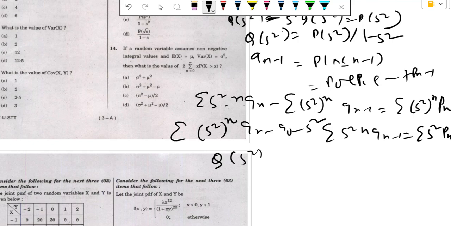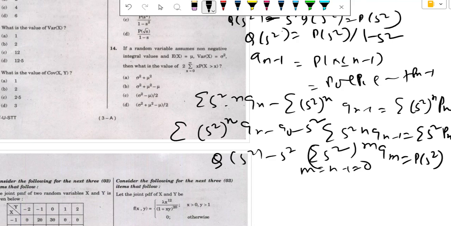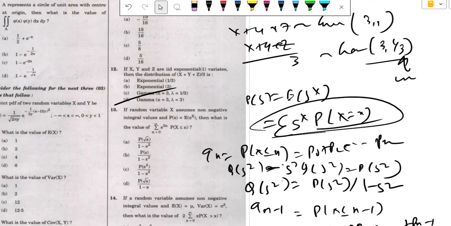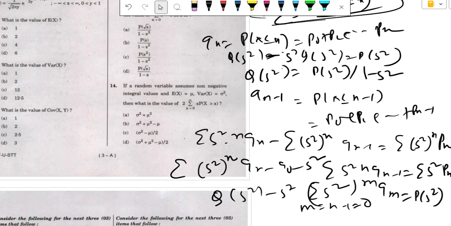So Q of s squared minus s squared, summation of s squared, that is n equal to n minus 1 equal to 0, and this is summation of s to the power n Qn equal to P of s squared. Hence here option number C is the correct answer.